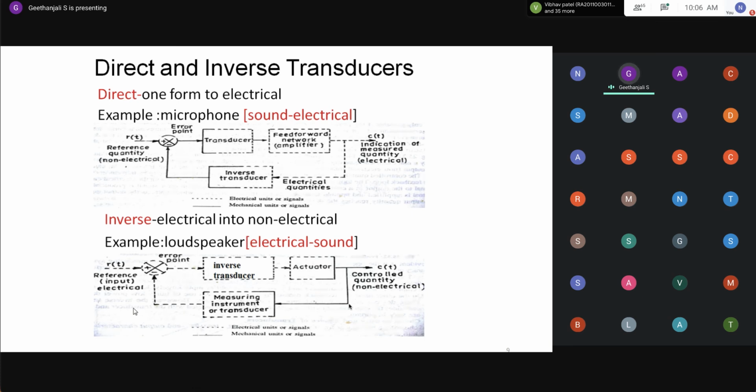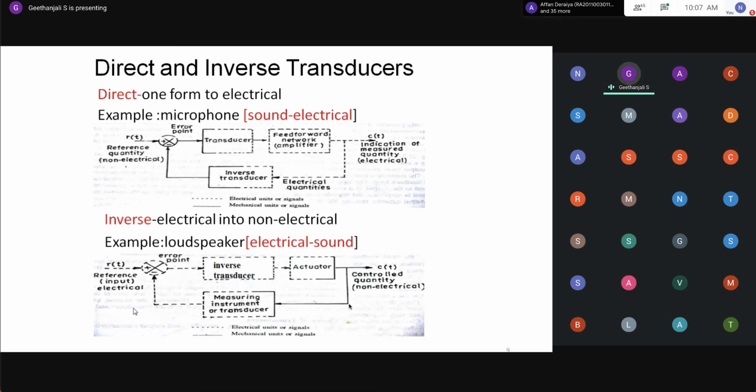There will be the summation of the input and the feedback. That is given to the inverse transducer. Then the inverse transducer output is fed to the actuator. There is a new term called the actuator block. The actuator output will be C of t, that is called the controlled quantity. It is a non-electrical quantity.